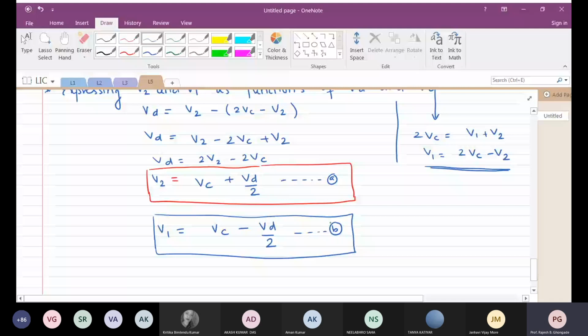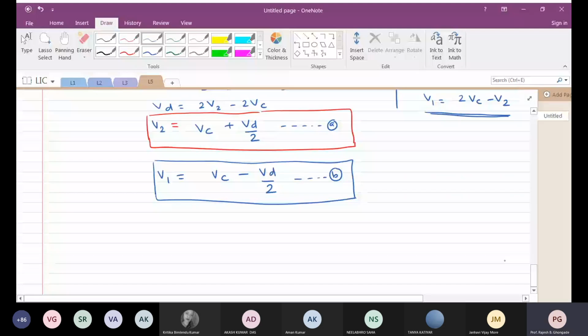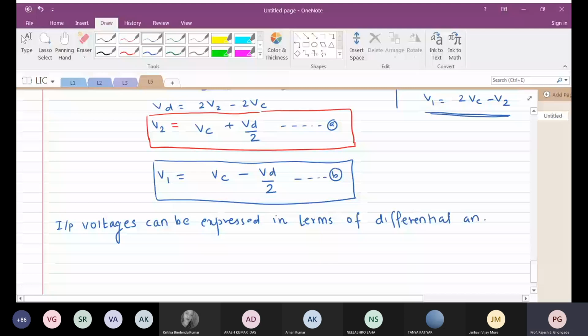So what have we done here? The input voltages are expressed in terms of differential and common mode voltages.